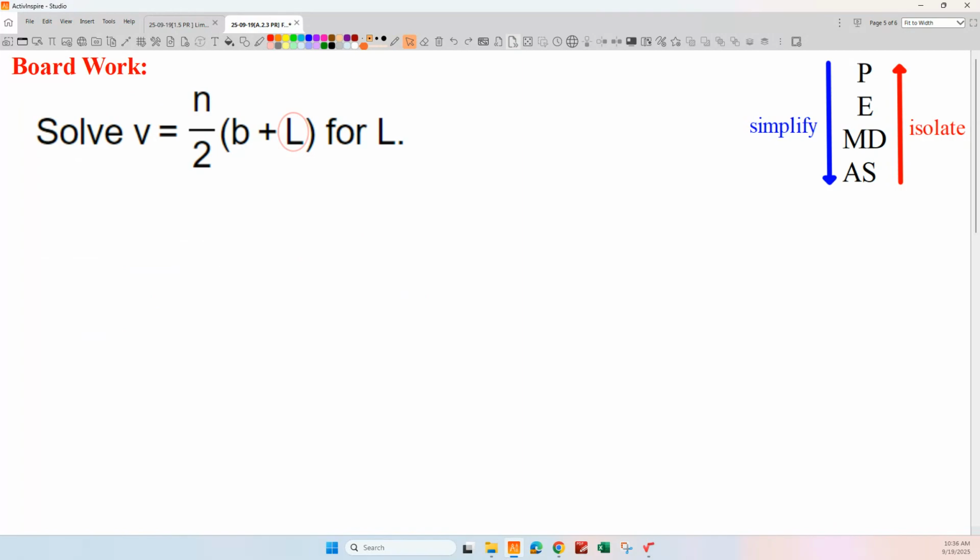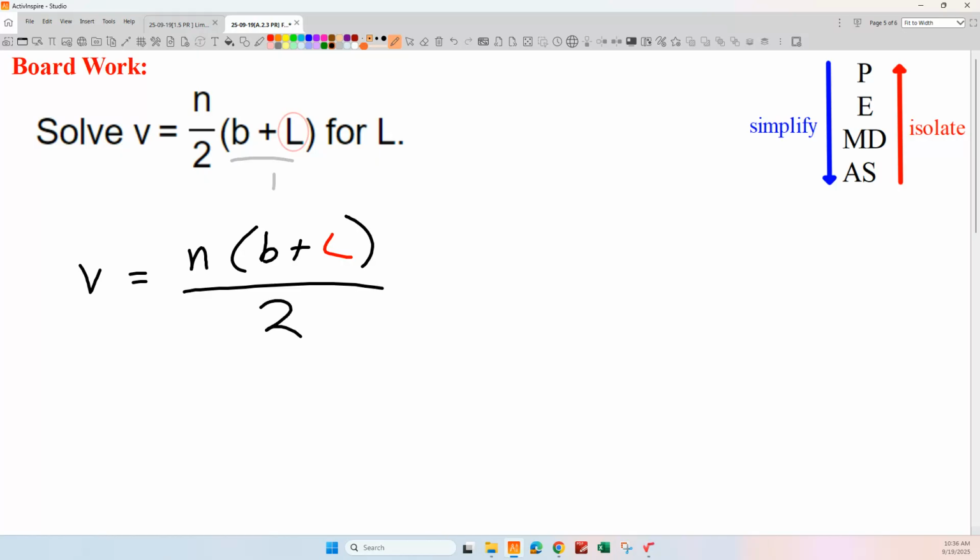Big fraction, right? Instead of multiplying by n over 2, let's multiply straight across. So we're going to get V equals n times the quantity B plus L, all divided by 2. Everybody get that? Okay, now go to work.